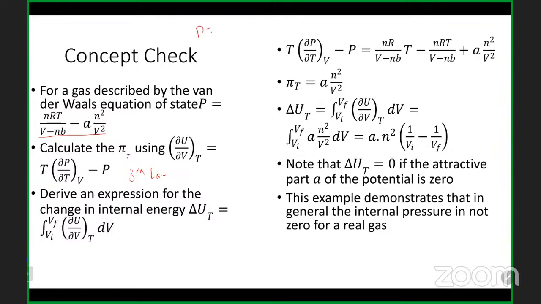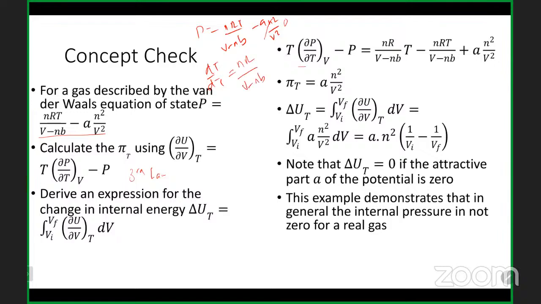So P equals nRT over V minus nb, minus an squared over V squared. That means the derivative of P with respect to T will be nR over V minus nb, since the last term is constant.